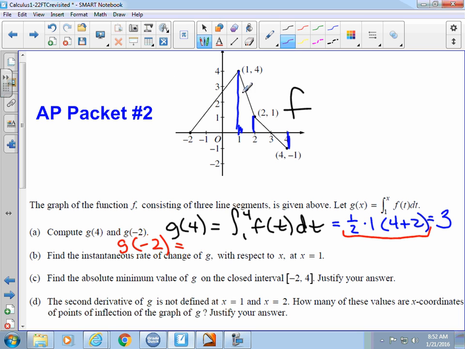Okay, g of negative 2. What's weird about that? It's backwards. So I would probably immediately rewrite that. I'm showing the AP reader that I know what I'm doing.